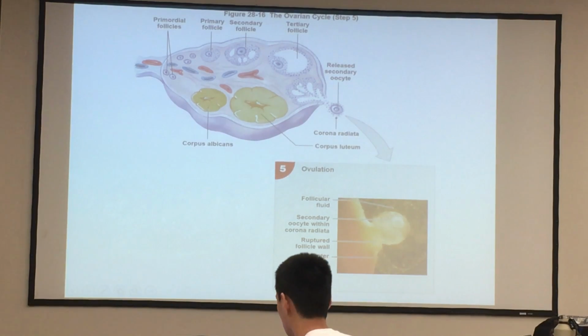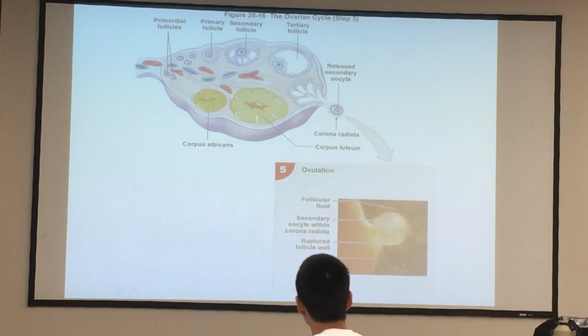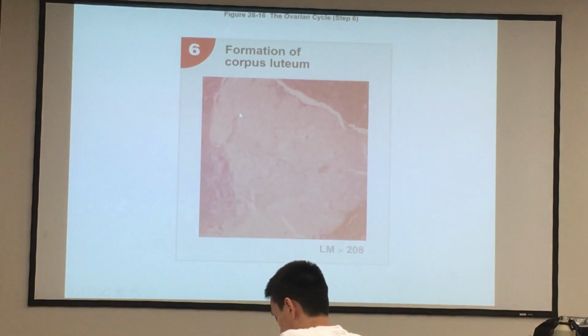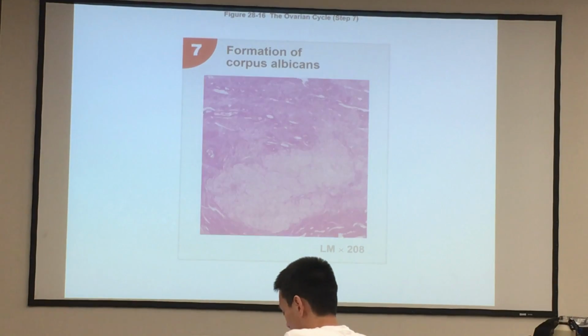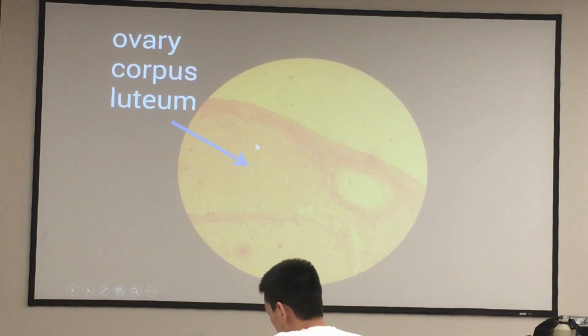Okay, and after the rupture, the ruptured follicle will form a yellowish tissue we call corpus luteum, and at this stage they produce progesterone, and they will shrink without fertilization, and we call corpus albicans, and then disappear. But we cannot see everything in the same organ. Okay, let me show you something. Corpus luteum is a big bundle of tissue, and it looks like here.